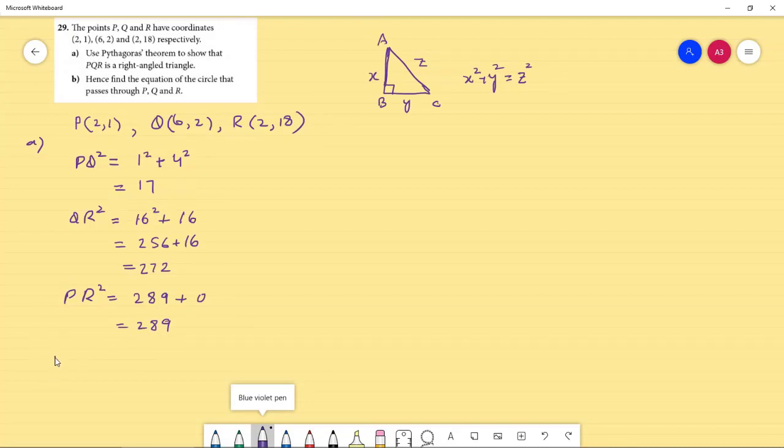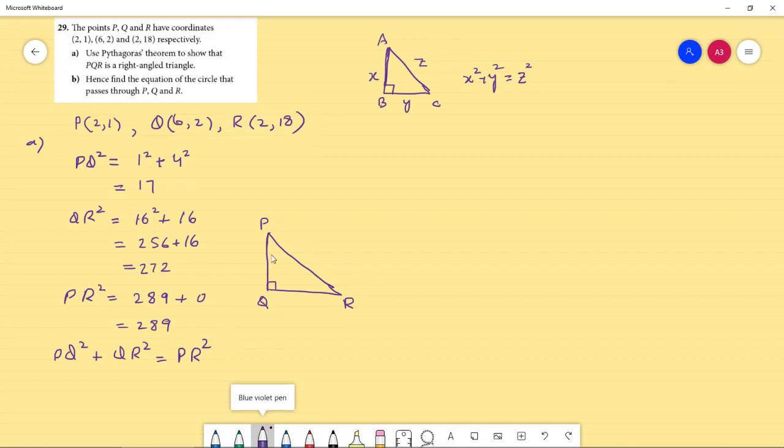So we can write: hence PQ² + QR² = PR². So how can we make a triangle from this information? Because we know that PR is the hypotenuse of the triangle. So PR would be this, and Q is the only point which can be the right angle.